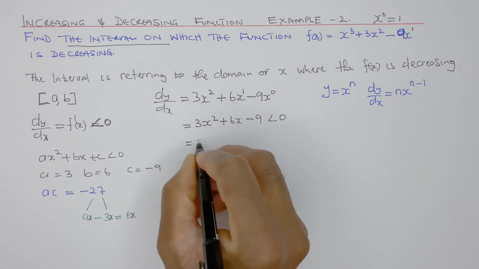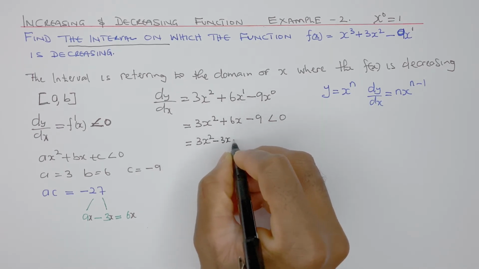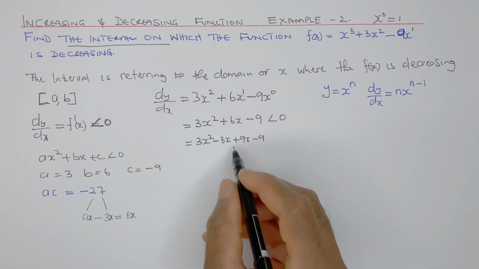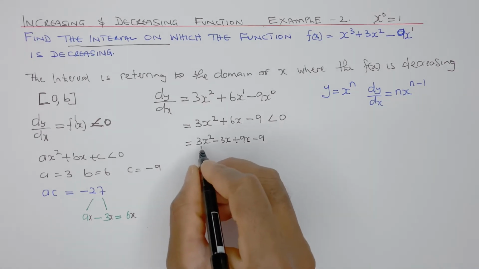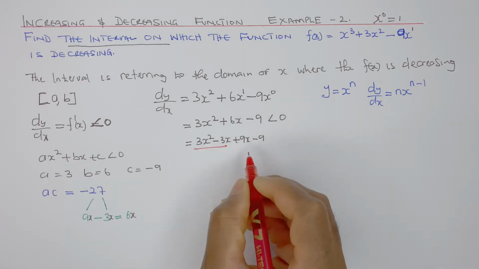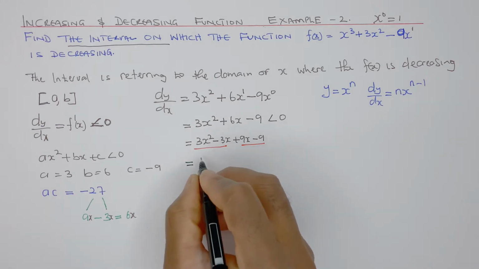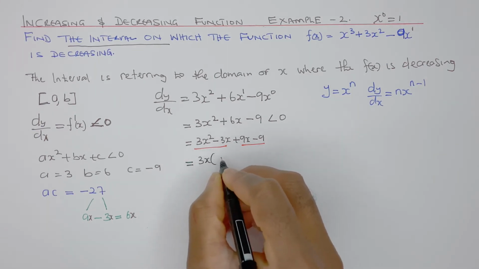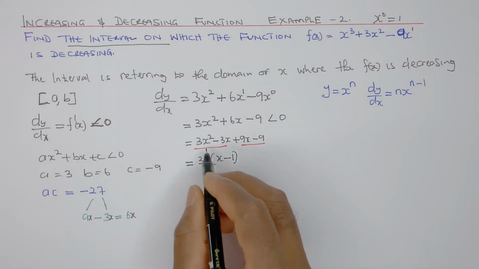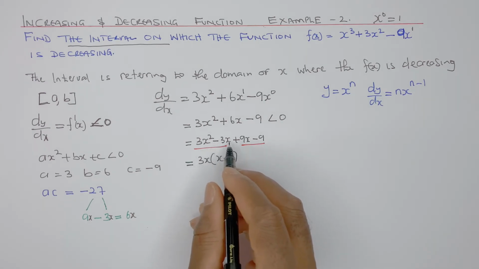So therefore I can get 3x squared minus 3x plus 9x minus 9. I'm bringing the like terms together. What's common here? I can see a common factor here, 3x, and a common factor here, 9. So I can write 3x open bracket x minus 1. 3x times x is 3x squared, 3x times minus 1 is minus 3x.